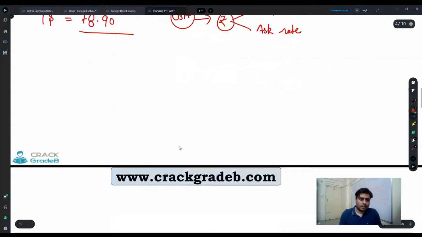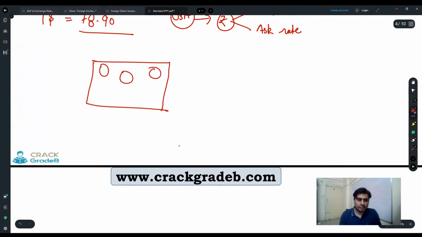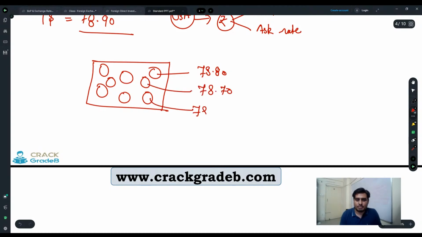So this is what happens. Consider this, in different countries, different currency markets are there. At some place it is 78 rupees 80 paise, some place it is 78 rupees 70 paise, at some place maybe it is 78 rupees 50 paise, at some place it is 78 rupees 60 paise.